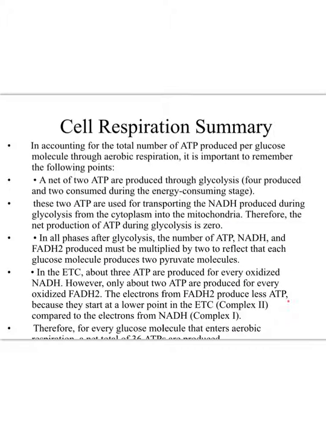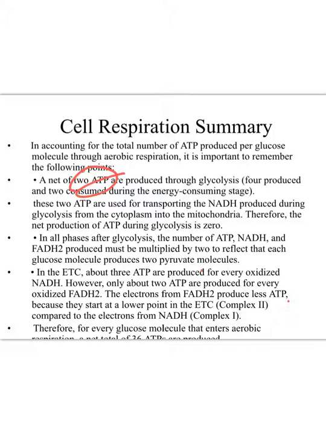So this is a summary of what we've talked about when we're talking about glucose metabolism and cell respiration. And I realize this program that I use to record this has cut off the last sentence, but I can tell you about it. So the big point I'm trying to make here is, again, you're only getting a couple of ATP formed during glycolysis. During the Krebs cycle, you're getting a couple more.